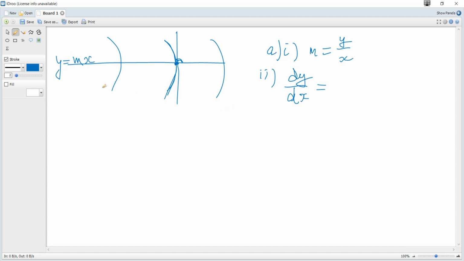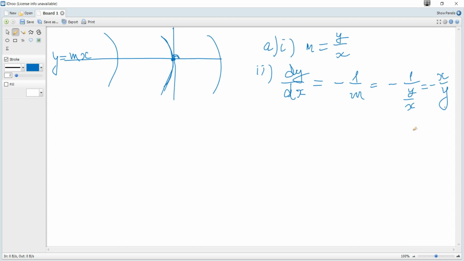Negative reciprocal of the gradient of the line to which it is perpendicular. So the gradient of our tangent is negative 1 over m, where m is the gradient of this line, and it becomes negative 1 over y over x, and is negative x over y as required. It's in general in terms of x and y.